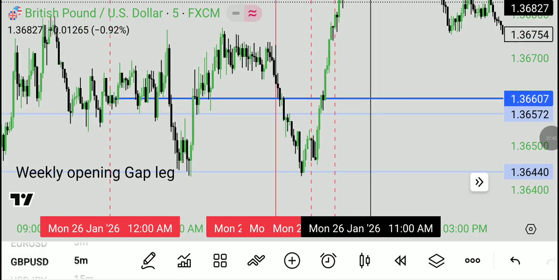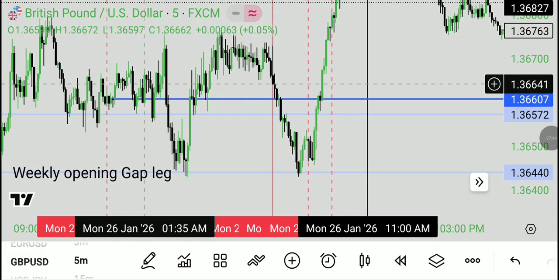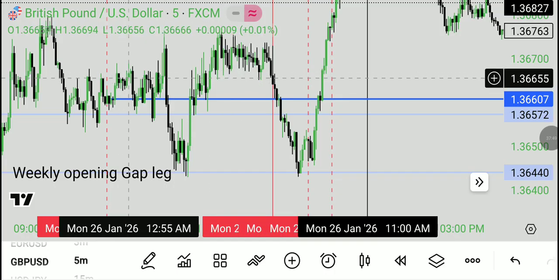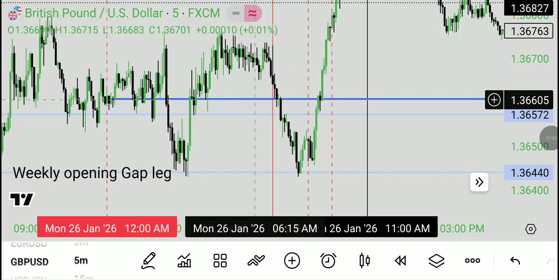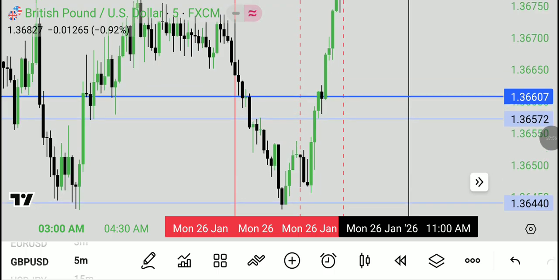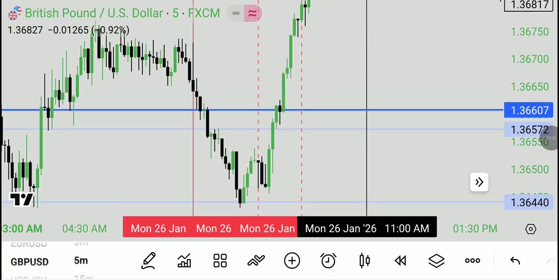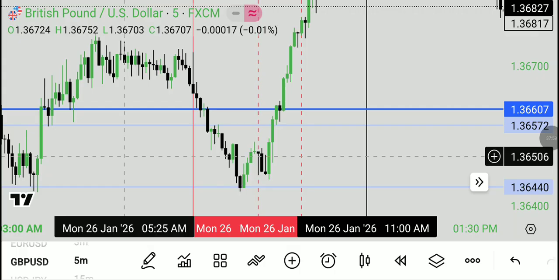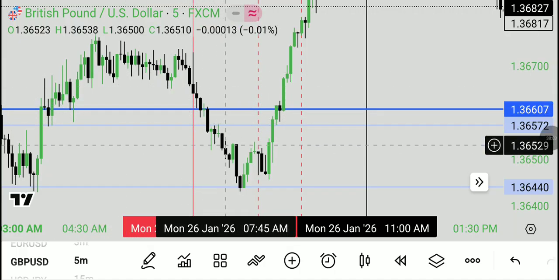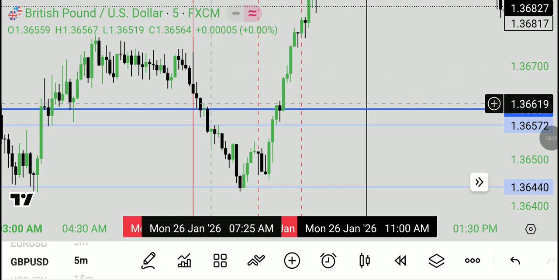Then when market has already finished with London session, I've taught you about this London session. I'm now on New York session, same day, which is Monday. Previous week market. All right, at 7 o'clock the market starts dropping. Why are they dropping down?